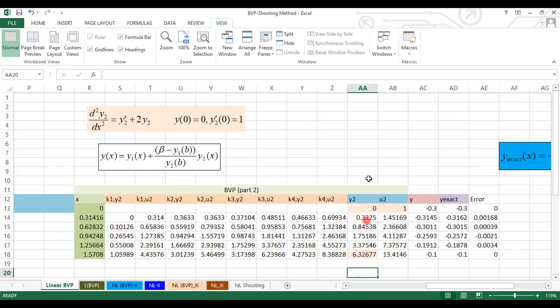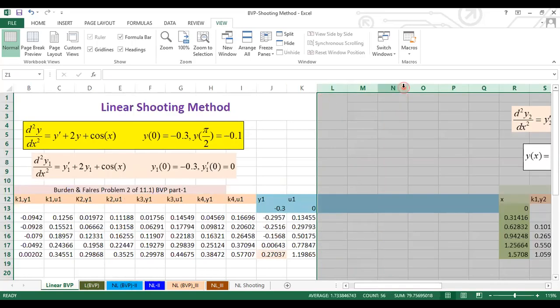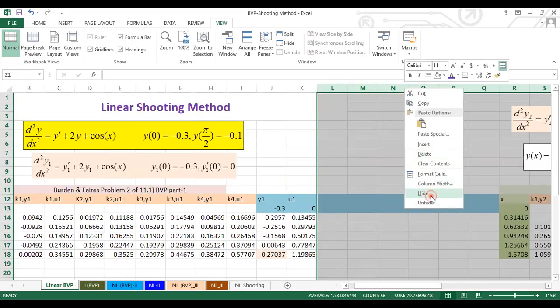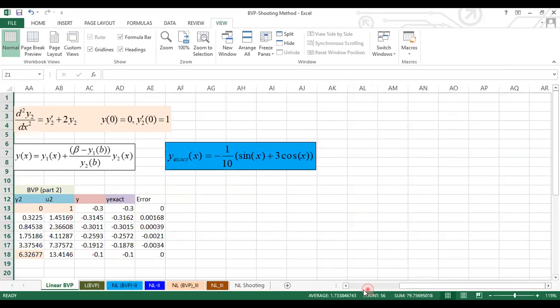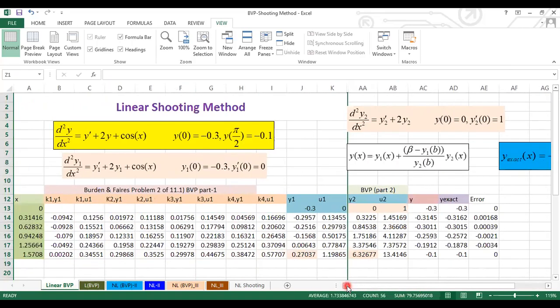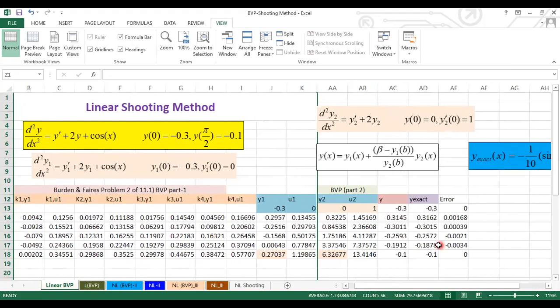After that, we have to fuse these two solutions, I mean y1 and y2, with the equation y of x equal to y1 of x plus beta minus y1 of b, over y2 of b, times y2 of x.